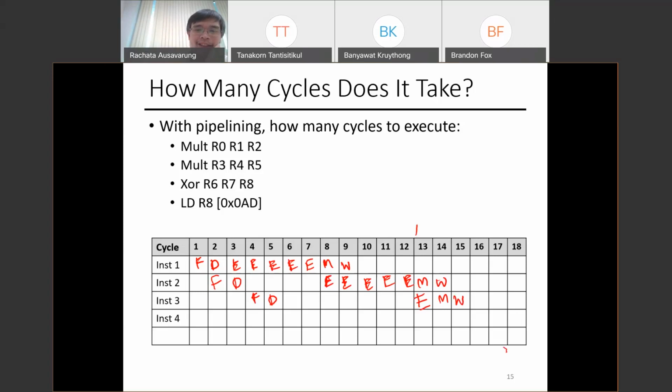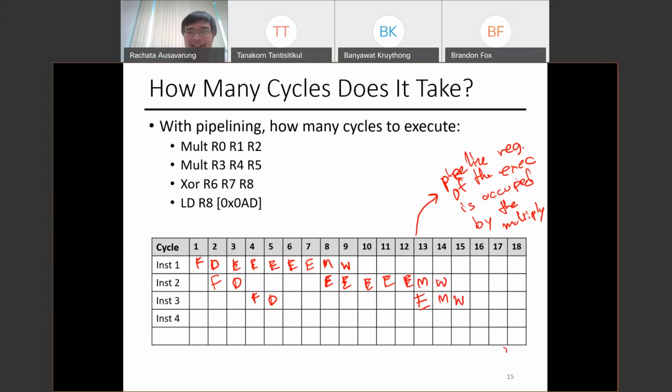The reason it's at 13 is that the pipeline for the execute stage is occupied by the multiply. So you don't have the pipeline register, right? So you have to wait until that last instruction frees it up. So over here, instruction 4: fetch, decode, execute, memory, and write back. So this would be done at cycle 16, right? Any question here so far?